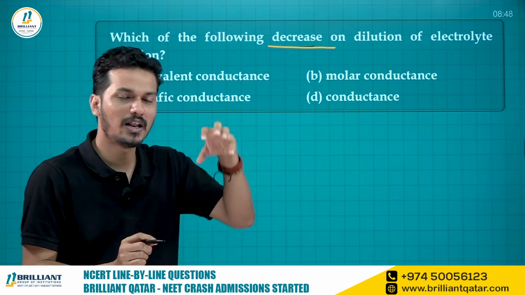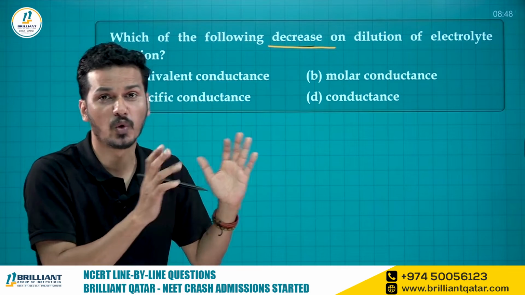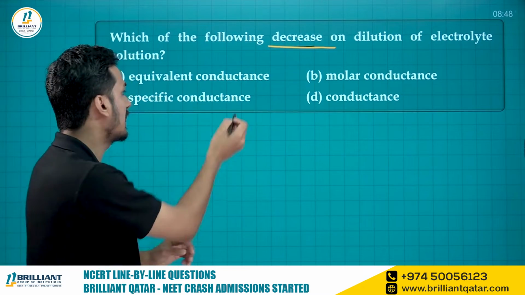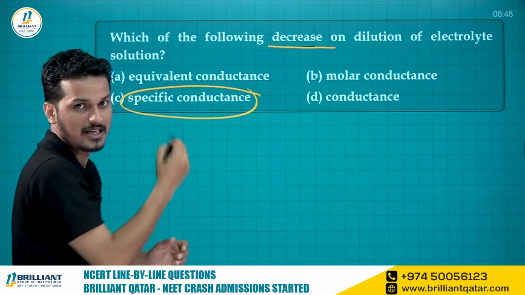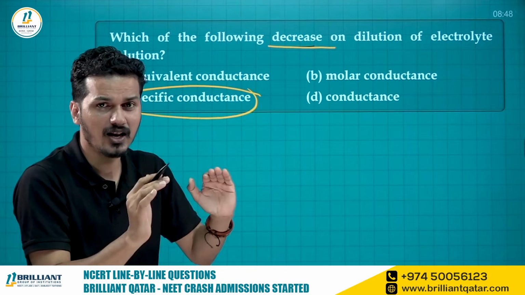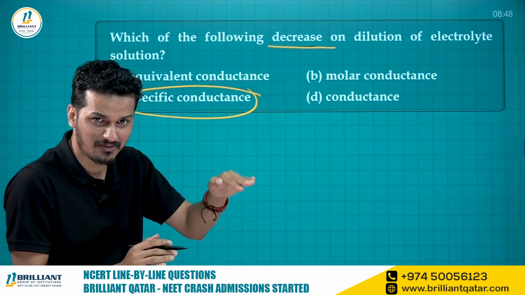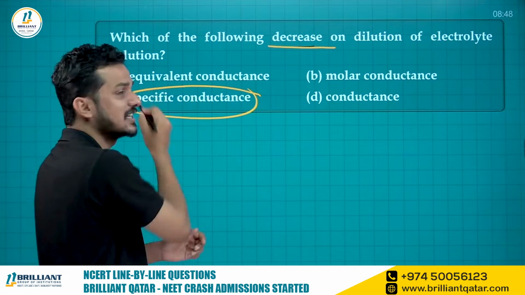We know while we are diluting, the number of ions per unit volume will decrease automatically. Specific conductance or specific conductivity will decrease. So option C is the correct answer.